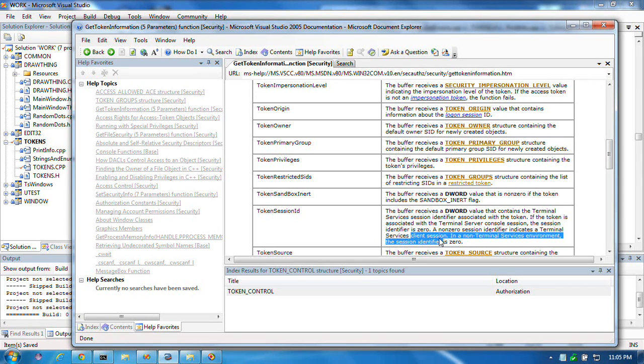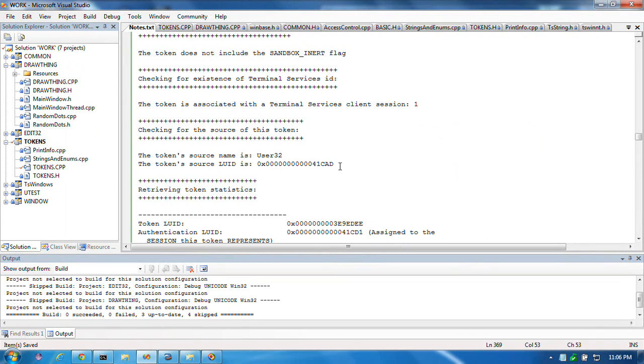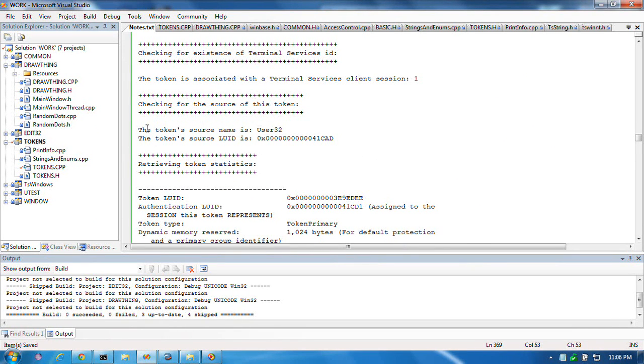What terminal services? What client? In a non-terminal service environment it is 0. So I don't know why, but that comes out 1. So there's some kind of terminal services, whatever that is. Usually that means like remote logons and things. And it's 1. No idea. It's just getting more confusing. Now the name of the source of my token is called user32.